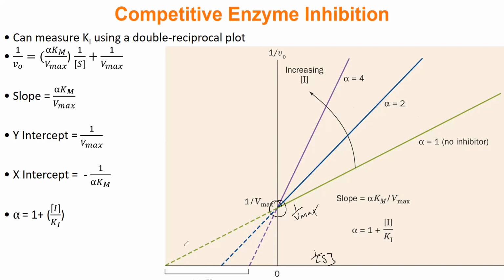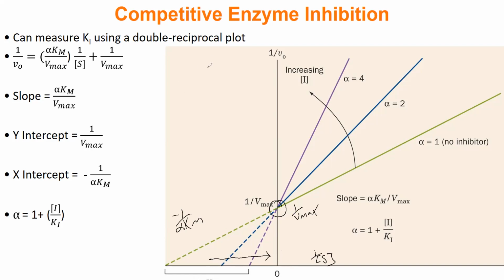And remember, the x-intercept is negative 1 over alpha Km. So the way to know if you have a competitive inhibitor is if all your lines cross at the y, but they don't cross at the x. And the stronger the inhibitor is, the closer it will go to 0.